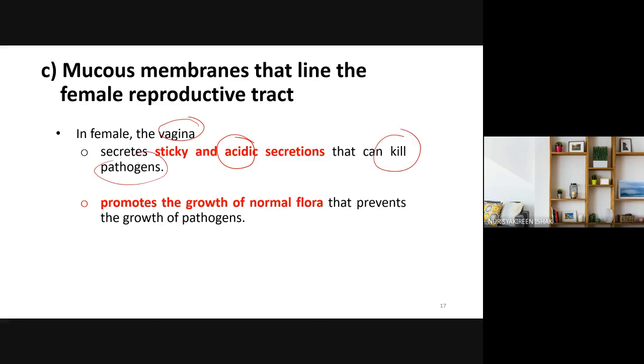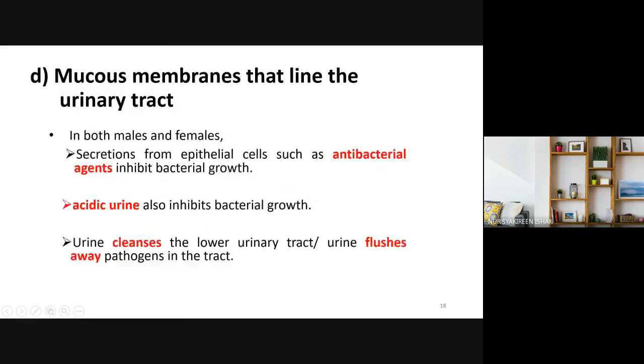Okay, and this acidic condition will also promote the growth of the normal flora, the good bacteria there. Okay, so when you have the normal flora, it prevents the growth of the bad bacteria, the pathogen. Okay. In that area. Next one is the mucous membrane that lines the urinary tract.